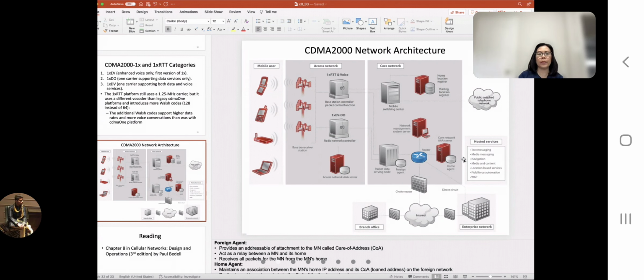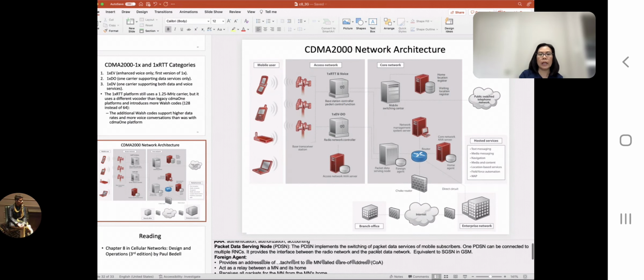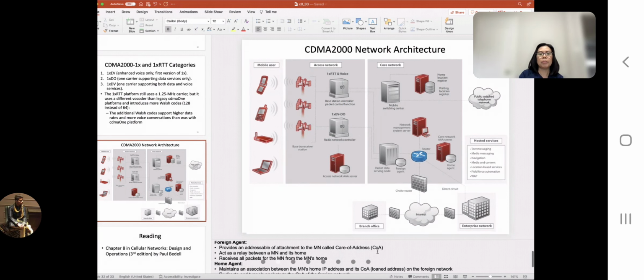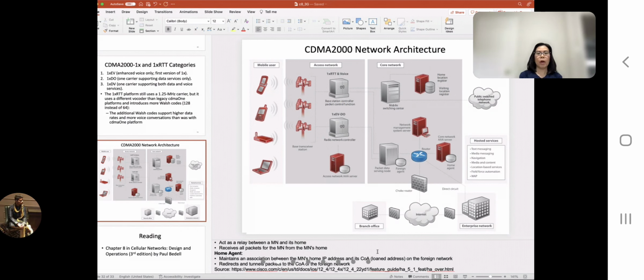You can imagine the residence manager as the foreign agent. And then you have something called the home agent. The home agent serves as the post office in Calgary. The post office in Calgary maintains an association between your address and the residence address. When a package arrives for you at the post office, they forward that packet to your residence at York.